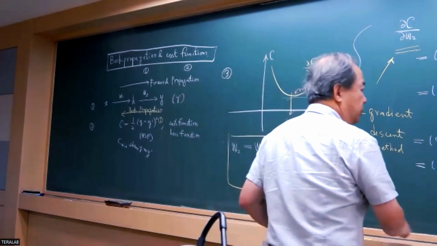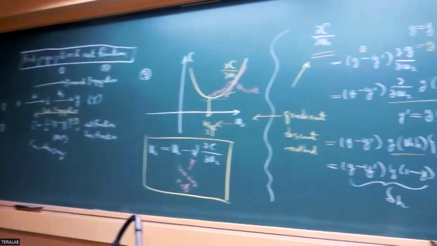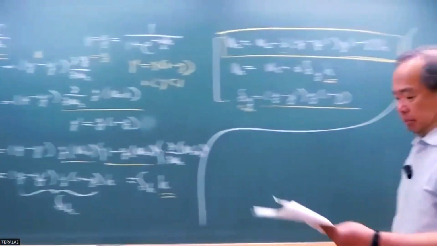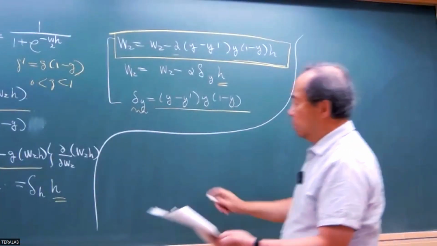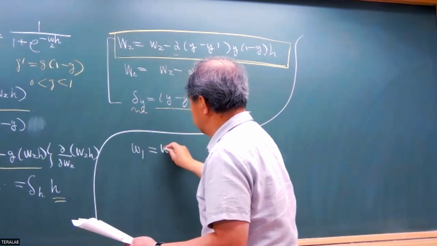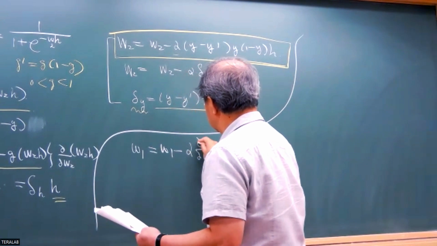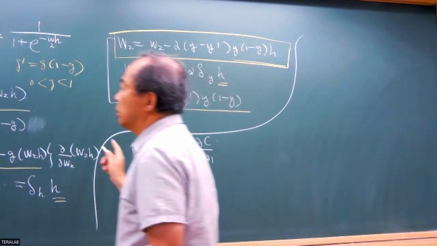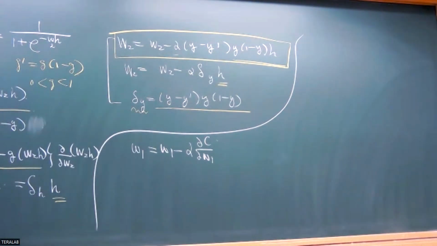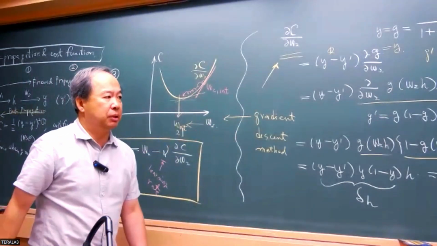Let us continue backpropagation. Now, I would like to update W1. So far, I was able to derive equations to update W2 using the gradient descent method.